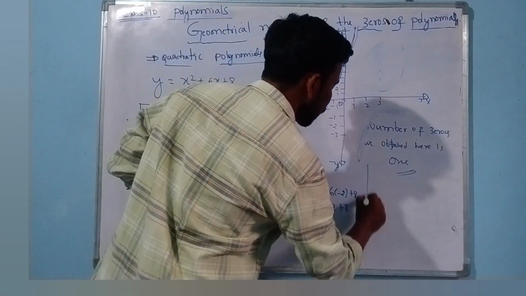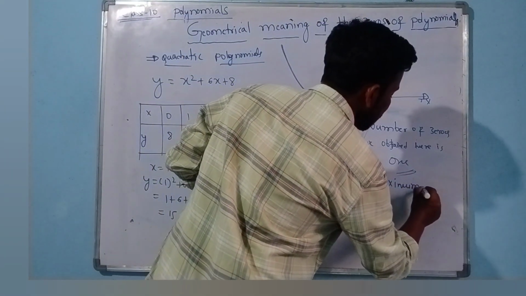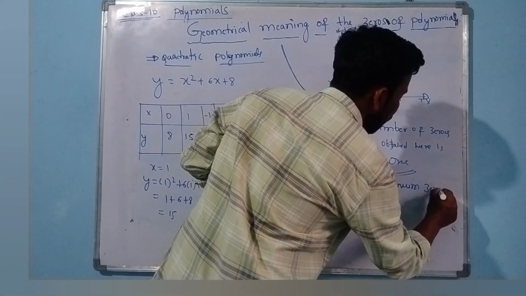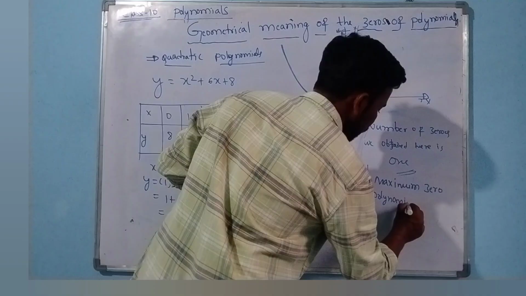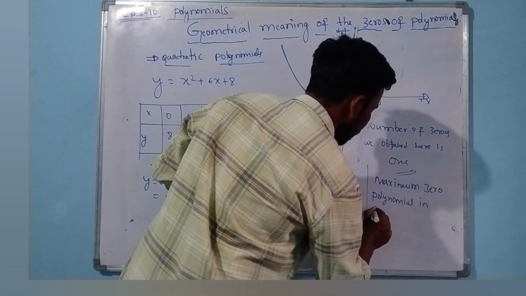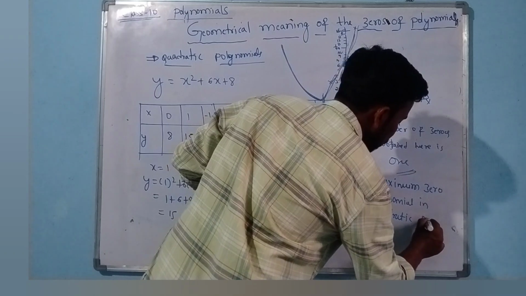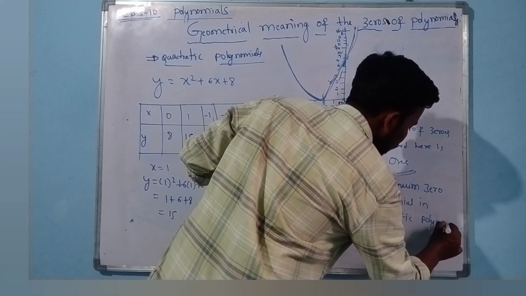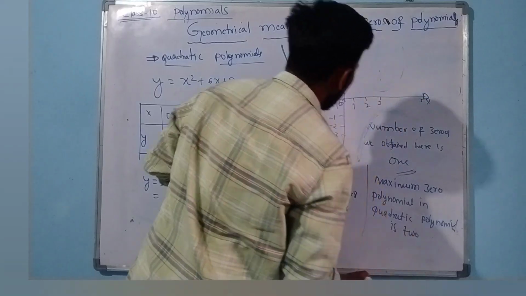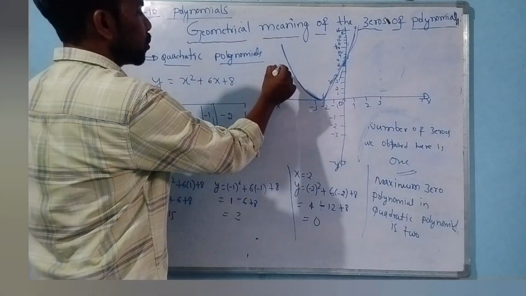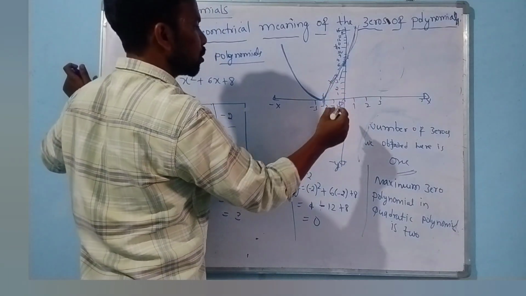So the maximum number of zeros in a quadratic polynomial is 2. See here, this open U type or this closed down U type, what do we call this?